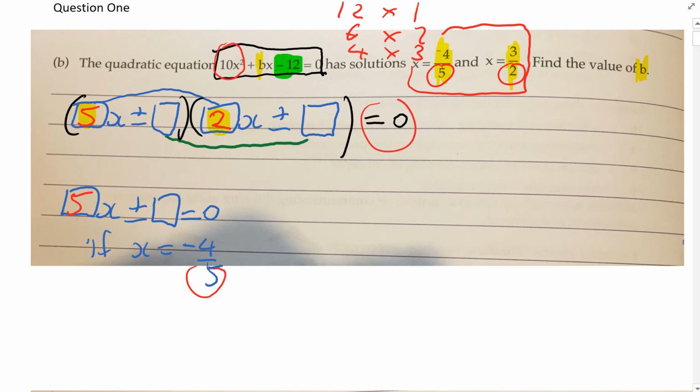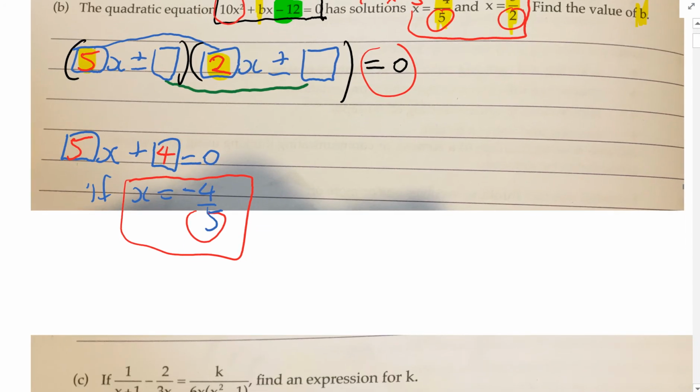We want x to be negative 4/5. So what do we do with that? Well, if we put a 4 in here, and we want it to be negative, let's just try 5x plus 4. Would that give us a solution of negative 4/5?